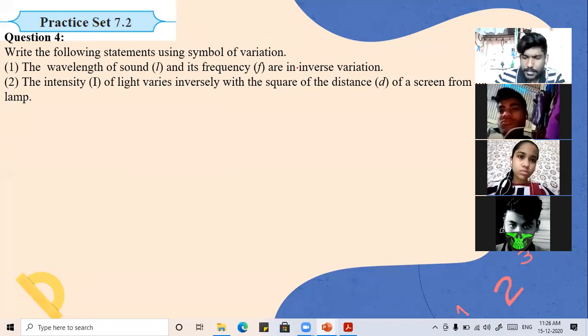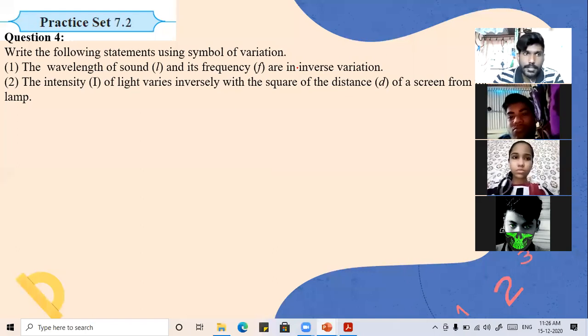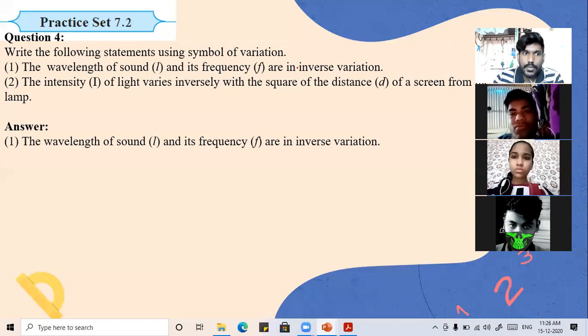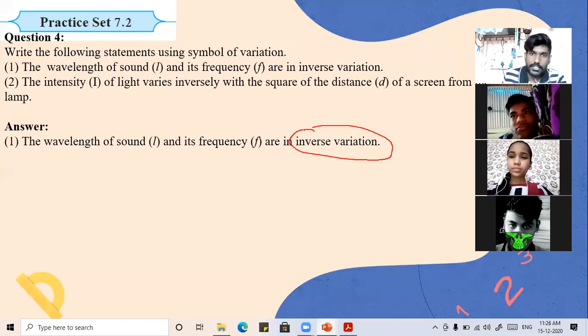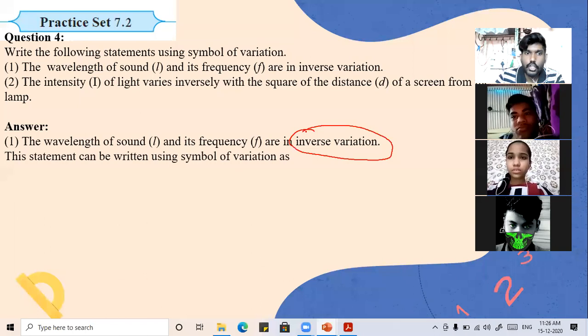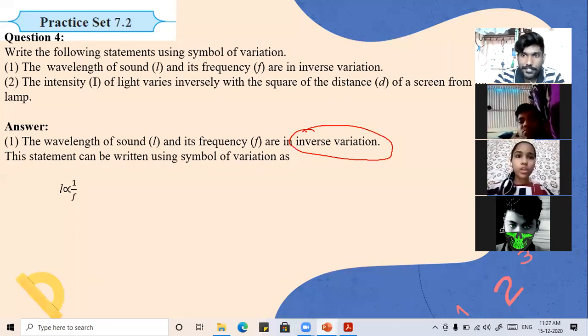Just looking at the statement, you will be able to form the symbol of the statement. So this statement can be written using the symbol of variation as L inversely proportional to 1 upon F.